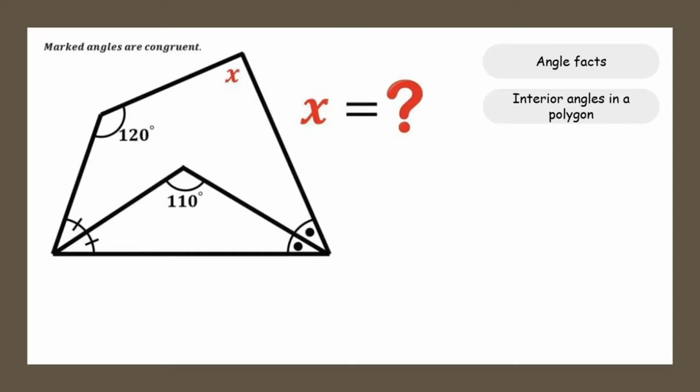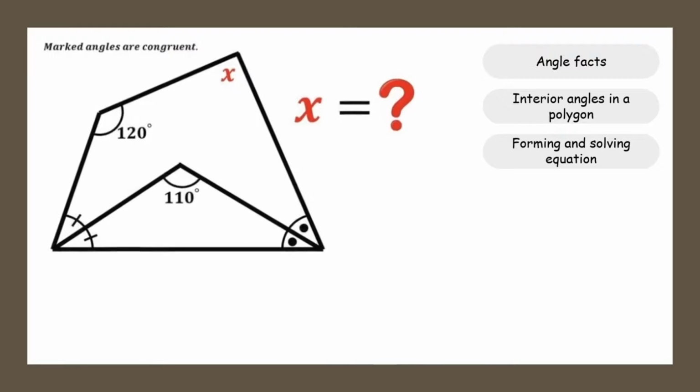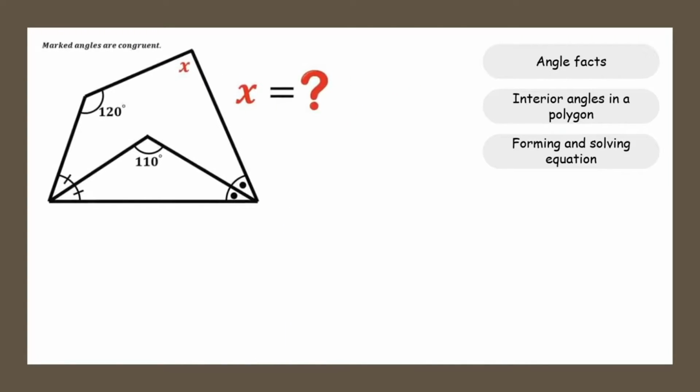So the angles within a triangle, a quadrilateral, a pentagon, a hexagon, etc. And since we have an unknown and we're looking for that unknown value, we're going to be forming and hopefully solving equations.